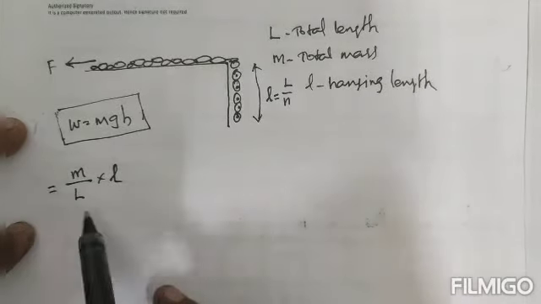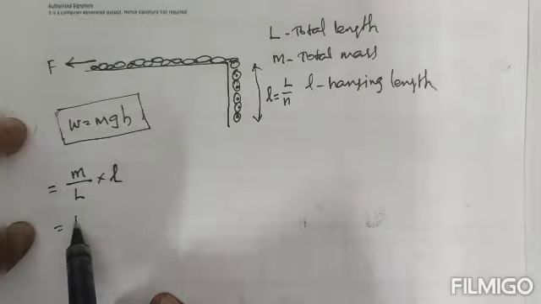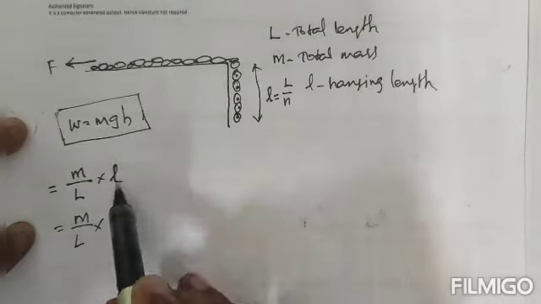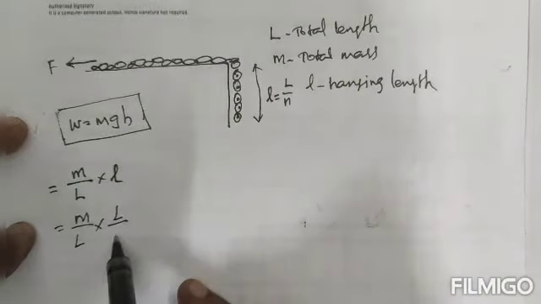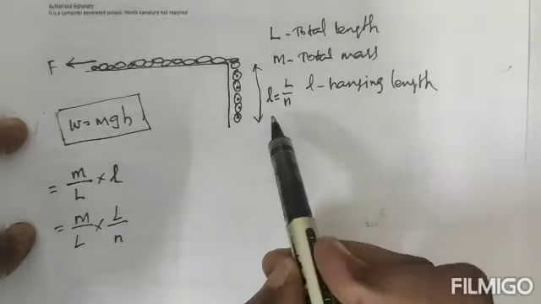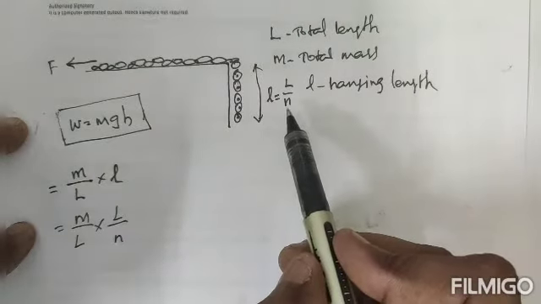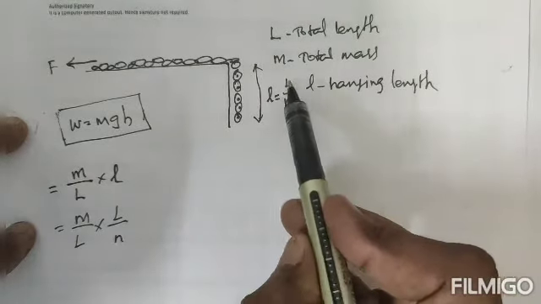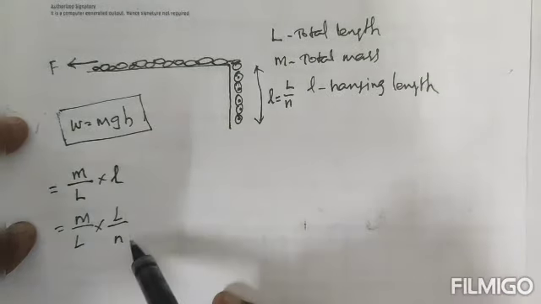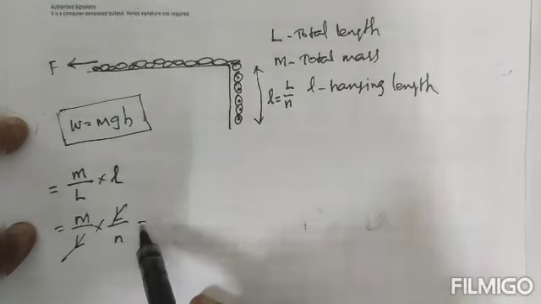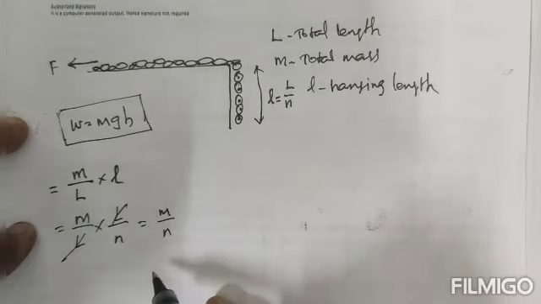Otherwise we can write m by L into capital L divided by n, because small l is nothing but the nth part of L, that is L by n. So L cancels, and we can write finally m by n.